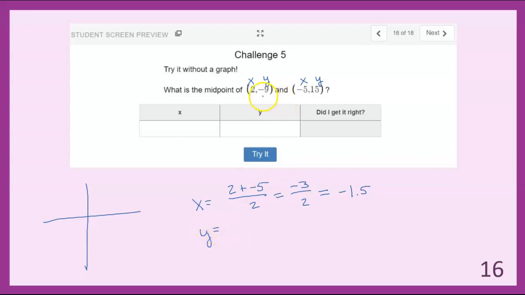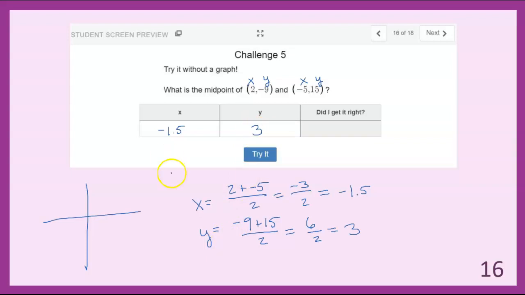So let's try our y values now. We have -9 and +15. We'll add those together on top and divide by the count. -9 plus 15 is going to be +6. Divided by 2 will be 3. So -1.5 is our x value, and +3 is our y value.